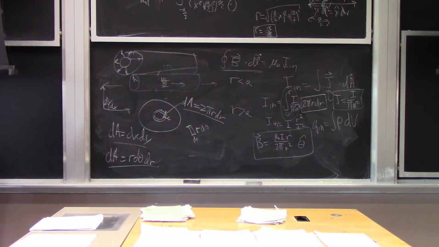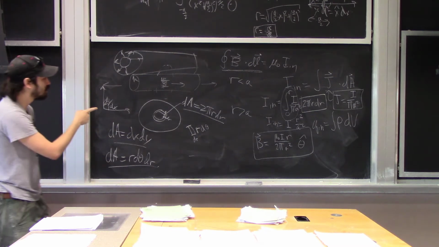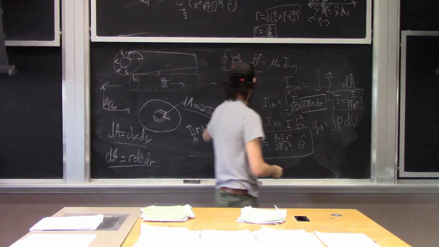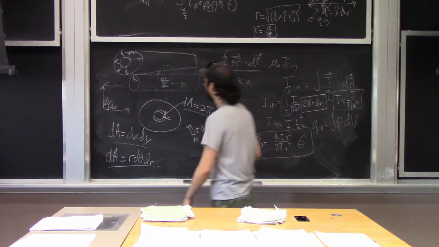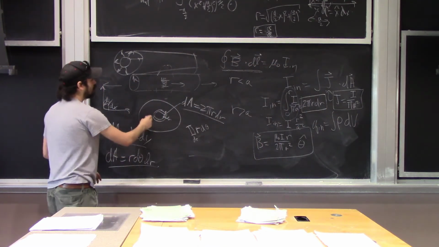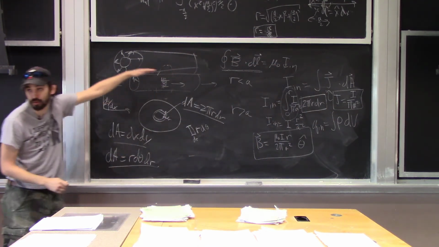Okay, so the last piece that we have here is to find what the magnetic field is for R greater than A. Well, we're fortunate here because when we draw that loop, all of the current goes through it, right?